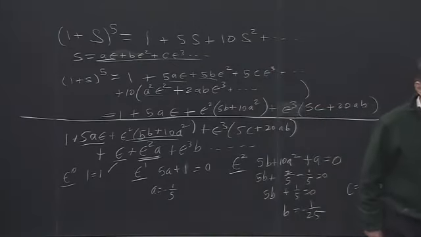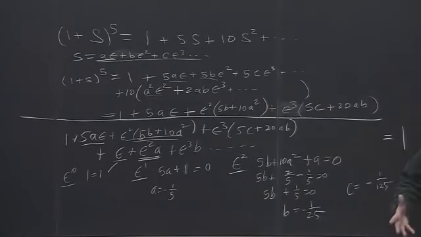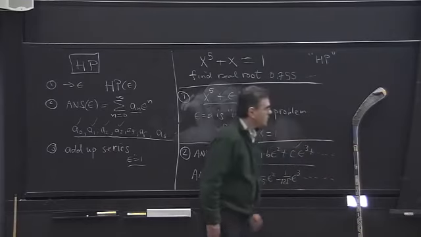So we now know, that was just the technical calculation, but let's write the answer down. We now know that the answer is a series that begins 1 minus 1/5 epsilon minus 1/25 epsilon squared minus 1/125 epsilon cubed.